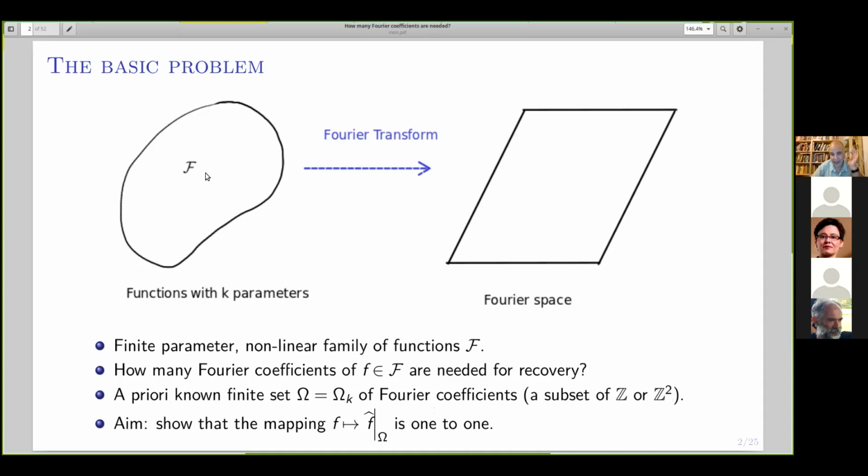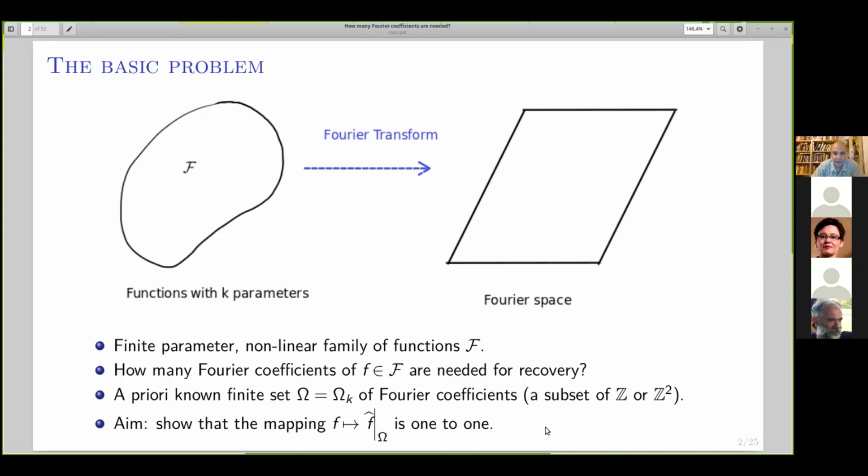We are not allowed to change which Fourier coefficients we look at depending on the function. So this is going to be a fixed set omega, and then we look at f hat restricted to omega, and this should give us f back uniquely. So this mapping should be 1-to-1.